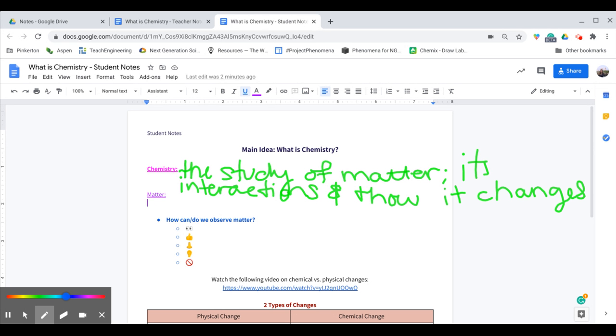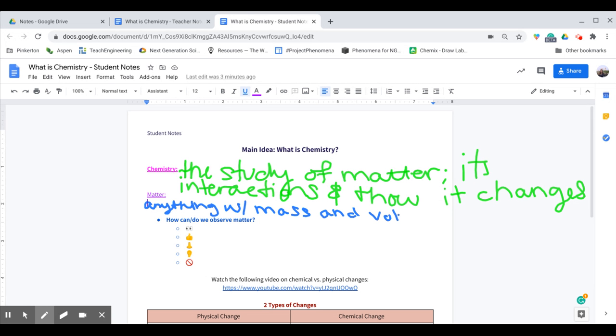what is matter? When we talk about matter, what are we talking about? So, matter is anything with mass and volume. So anything with a mass and with a volume is matter.